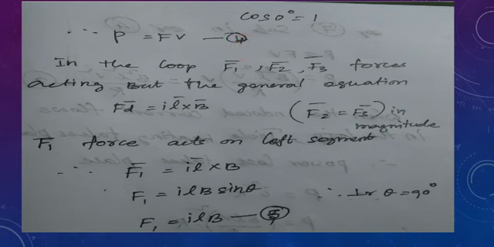So in the loop, the forces F1, F2, F3 are acting. The general equation is the Lorentz force. What is the Lorentz force? F is equal to IL into B. So from that method, I am going to calculate the F1 force, F2 force, F3 force.